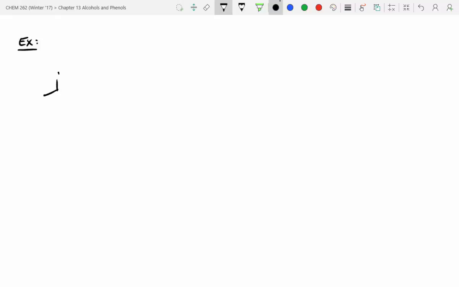All right. So let's take a look at our super strong oxidizing reagent. And let's say I've got this alcohol. So we've got cyclohexanol. And I'm going to treat this with sodium dichromate, H2SO4, and water. What will our product be?